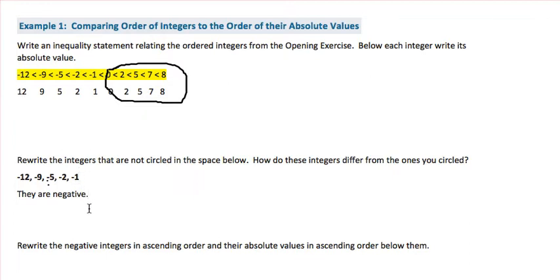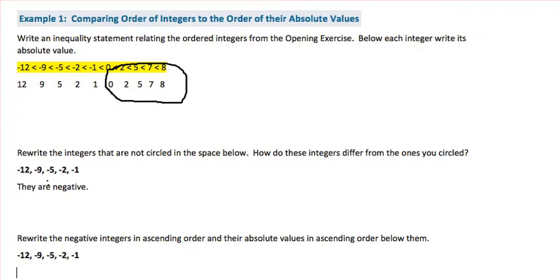Then they ask us to rewrite the negative integers in ascending order and their absolute values in ascending order below them. So in ascending order, from least to greatest, we have -12, -9, -5, -2, and -1. But the absolute values, if we write them in ascending order, remember these are the absolute values.